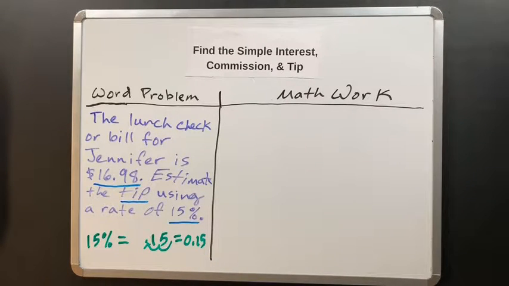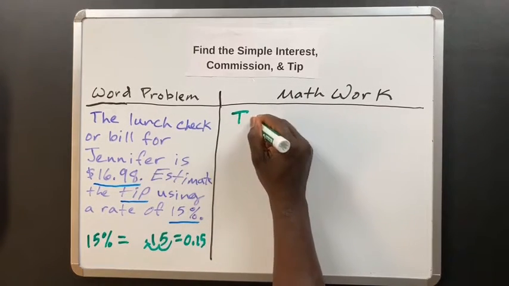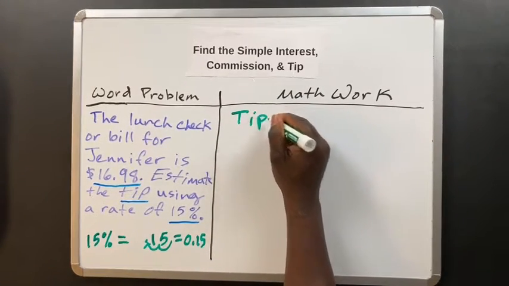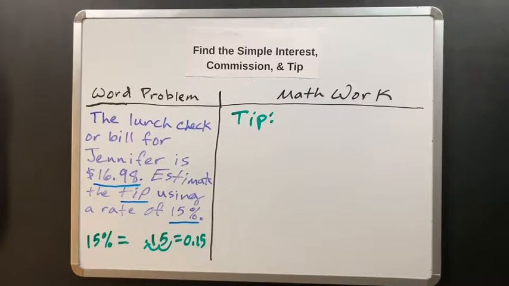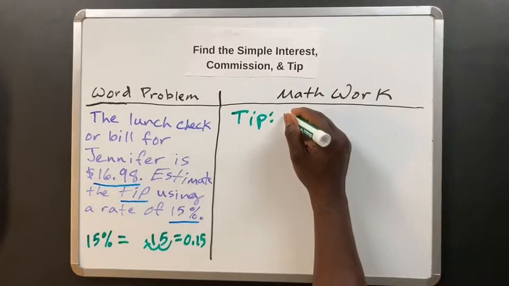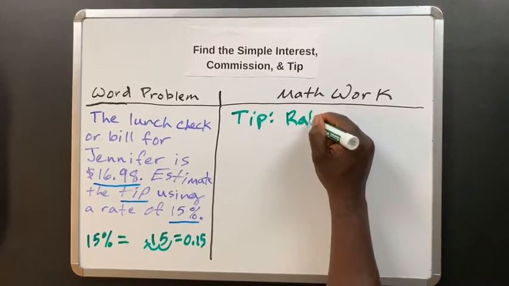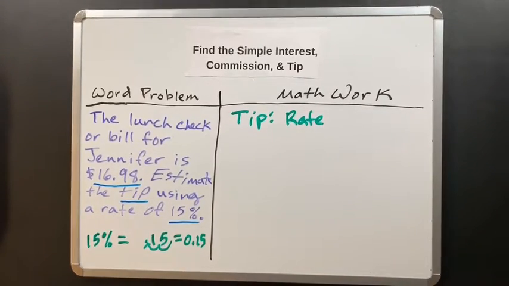Now, when finding the tip, when you're at a restaurant or something and you need to find a tip and you want to estimate it, what you do is you take that rate. In this case, it's 15%.